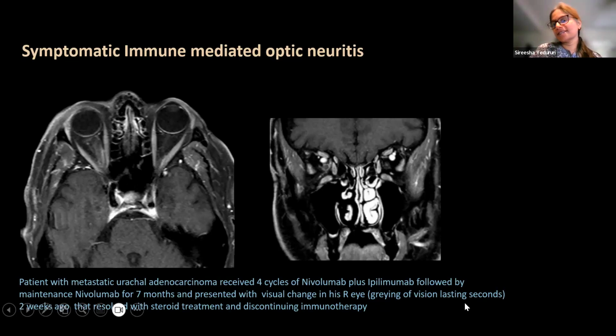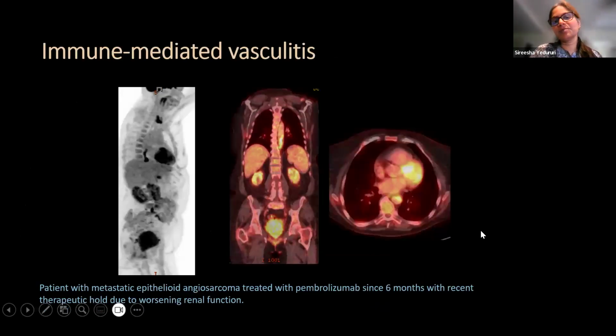The visual change is graying of vision lasting seconds that resolved with steroid treatment and discontinuing immunotherapy. So I think it's very important to recognize all these symptoms as complications of immunotherapy, evaluate, and communicate those findings to the clinicians.